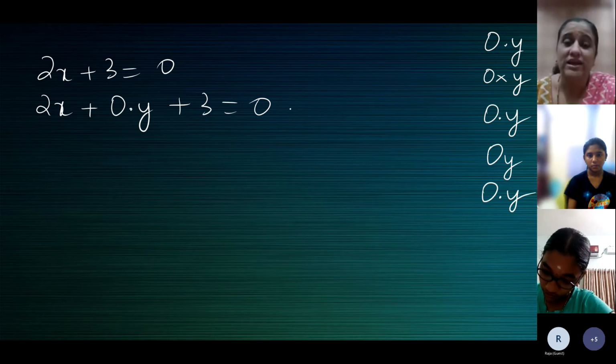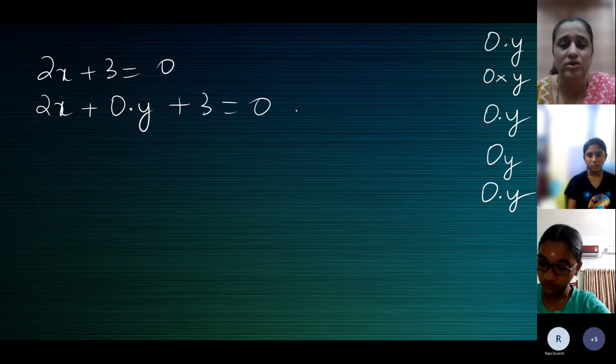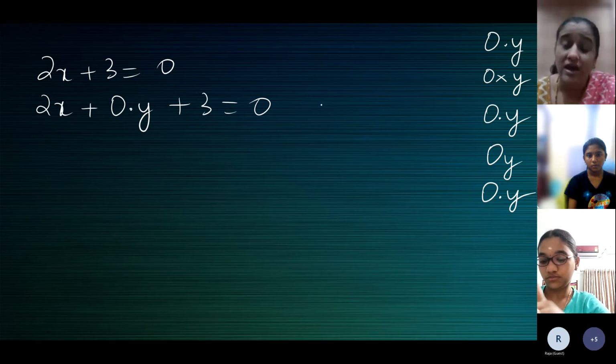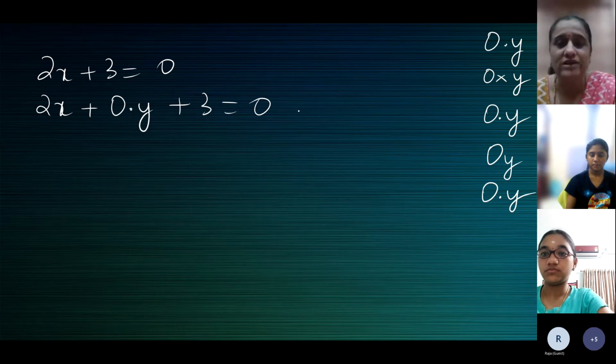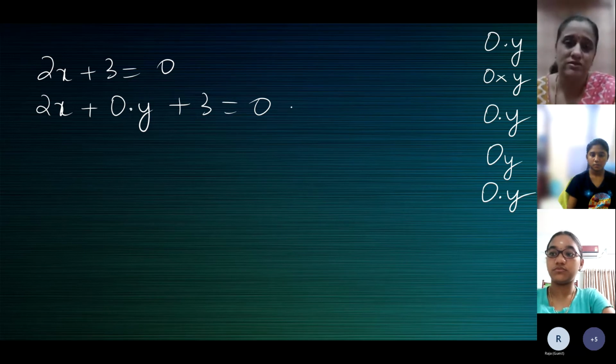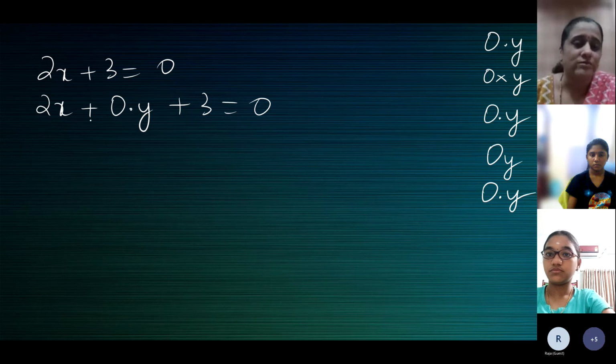And a straight line has infinitely many points lying on it, and every point lying on the line is a solution to the equation. That is why we say that a linear equation in two variables x and y has infinitely many solutions.